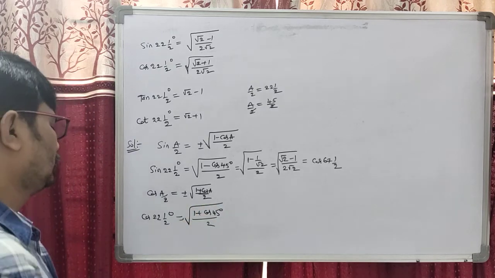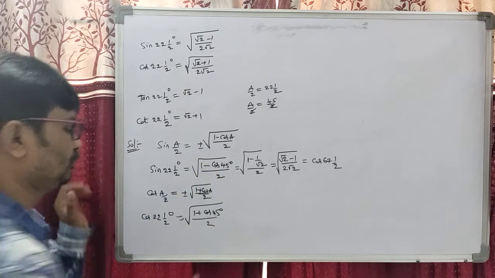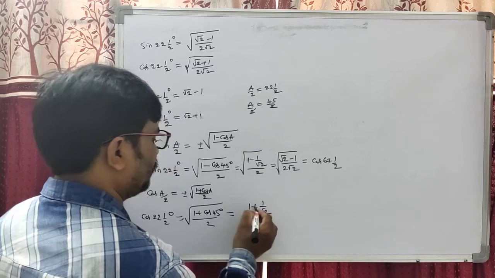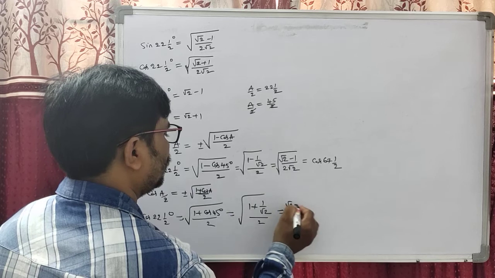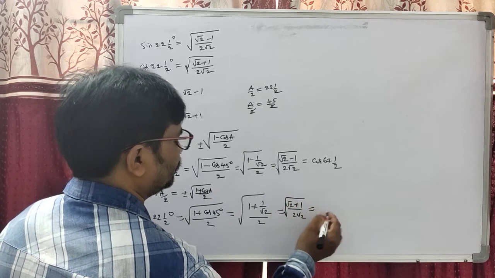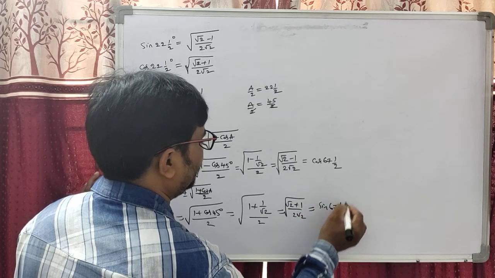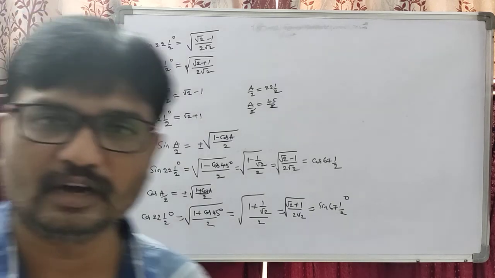Okay students, 22 and a half lies in the first quadrant, so we take the plus sign. This is root of (1 plus 1/root 2)/2, so students, this is root (root 2 plus 1)/(2 root 2). This is also sin 67 and a half degrees.